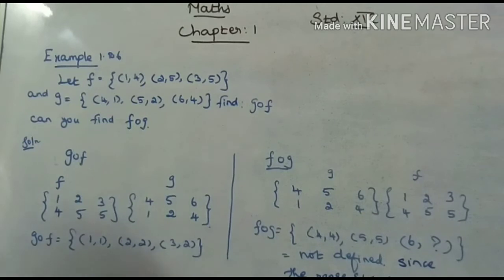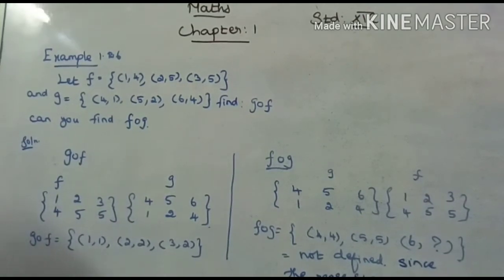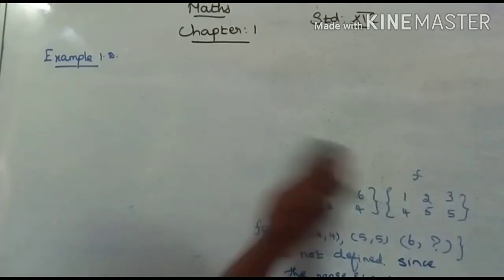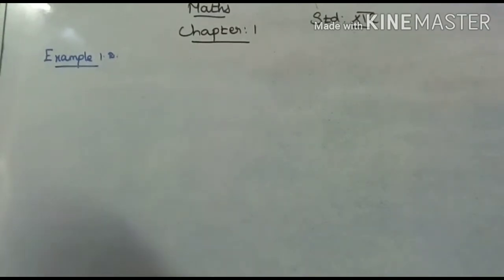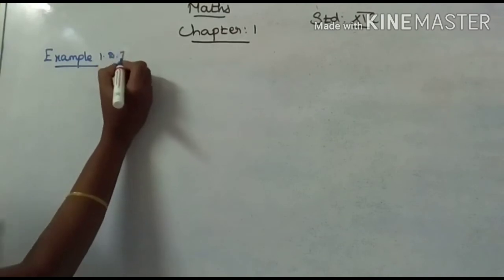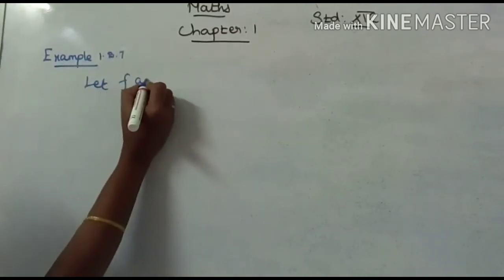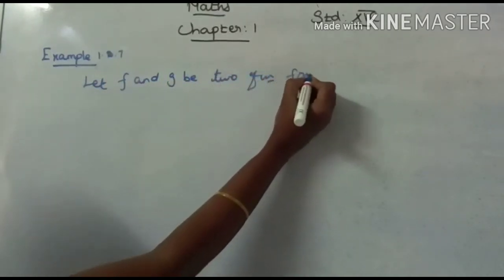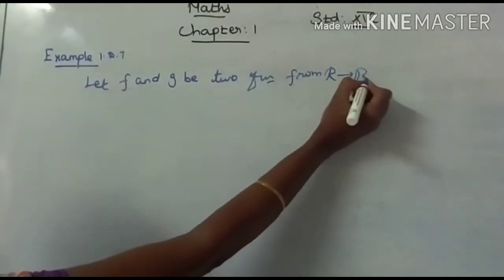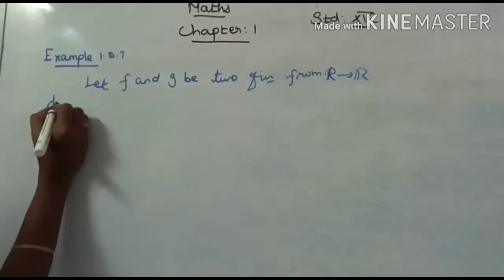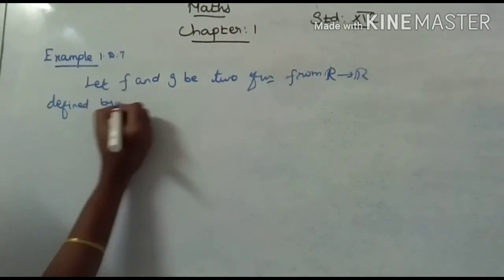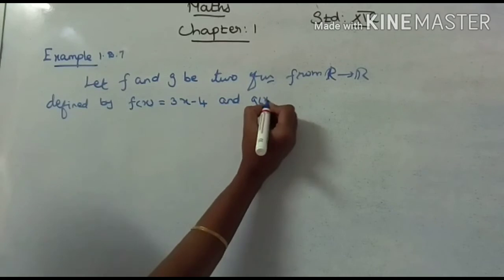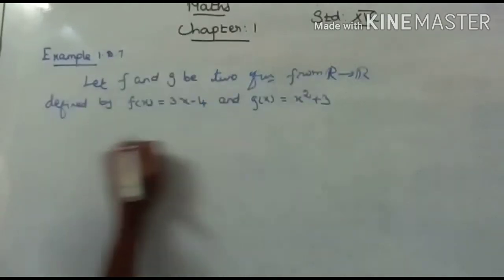Okay. Next question. Example 1.27. Let f and g be two functions from R to R defined by f of x equal to 3x minus 4 and g of x equal to x square plus 3.